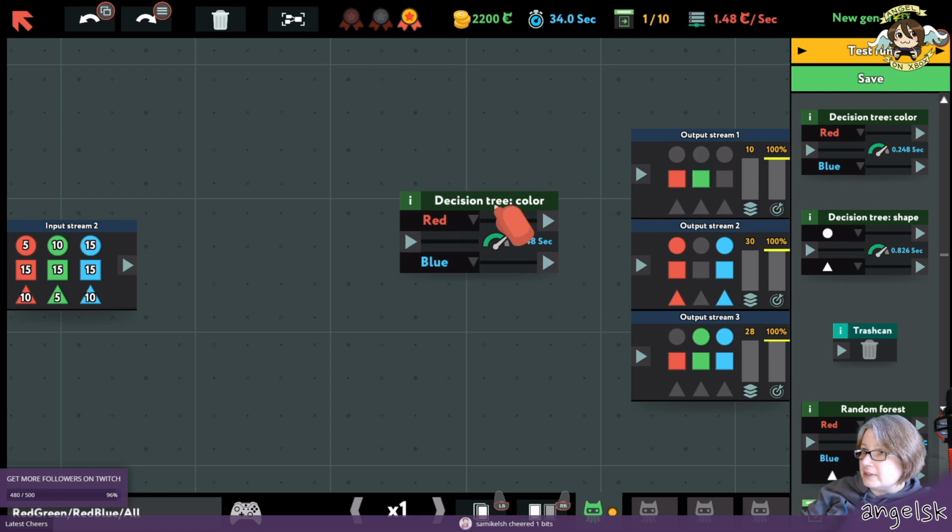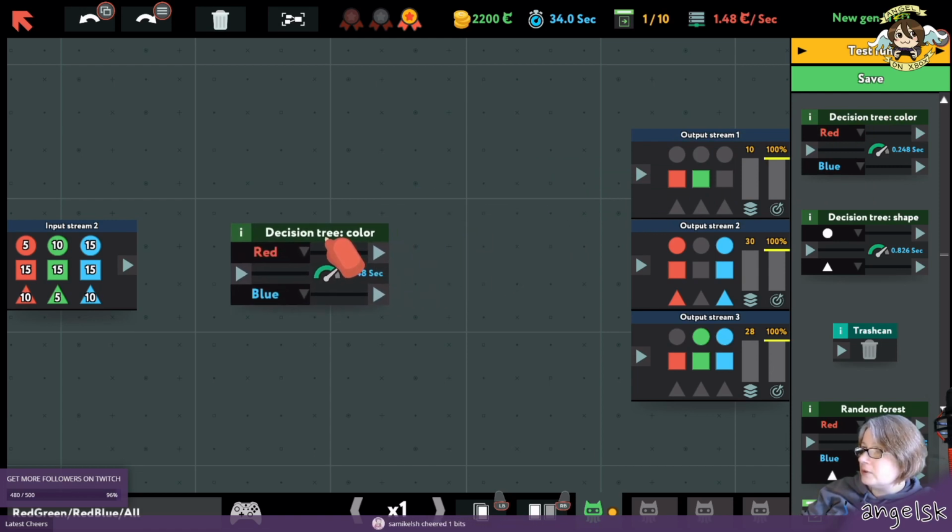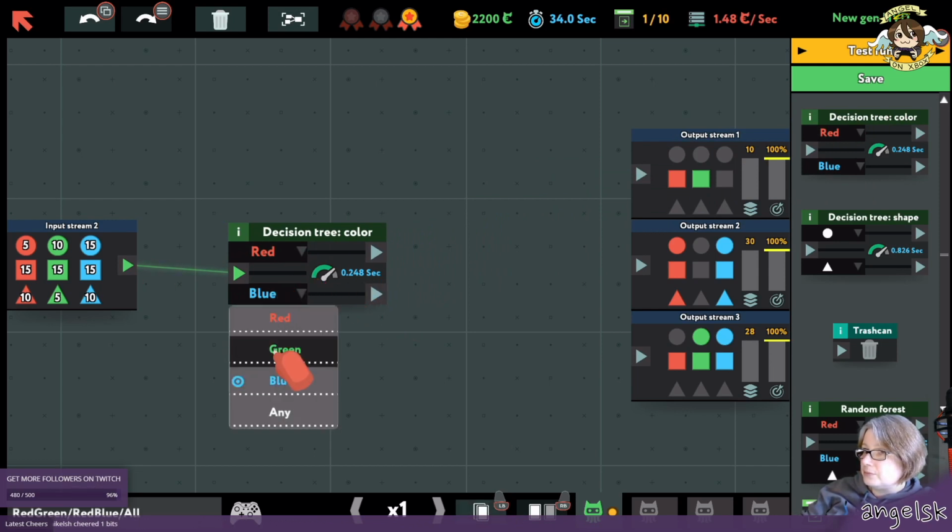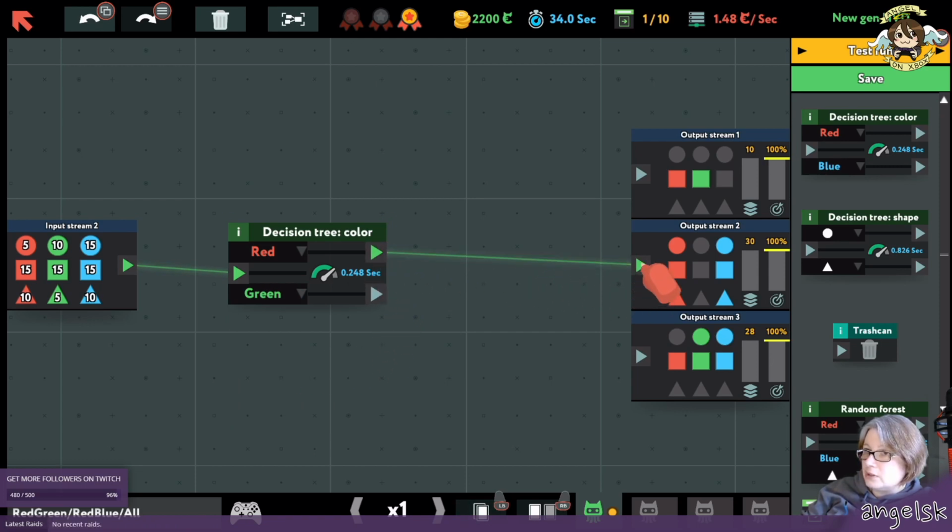So we need 30 in the middle. Okay, so we can filter. That is exactly 30 red.